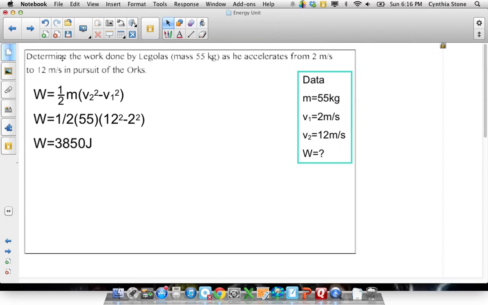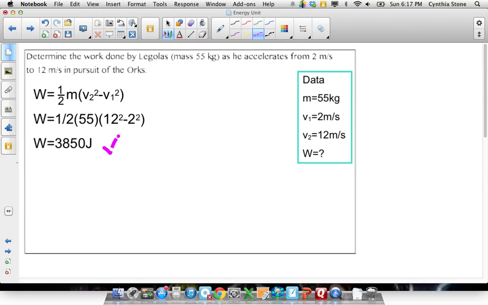Well, if you're looking for work and you're given two different speeds, probably this is the one to use. So we know the mass, we know the two speeds, we want to find work. It's just sub in 1/2 times 55 times 12 squared minus 2 squared, because it's v2 minus v1, so it goes from 2 to 12, and just calculate it.